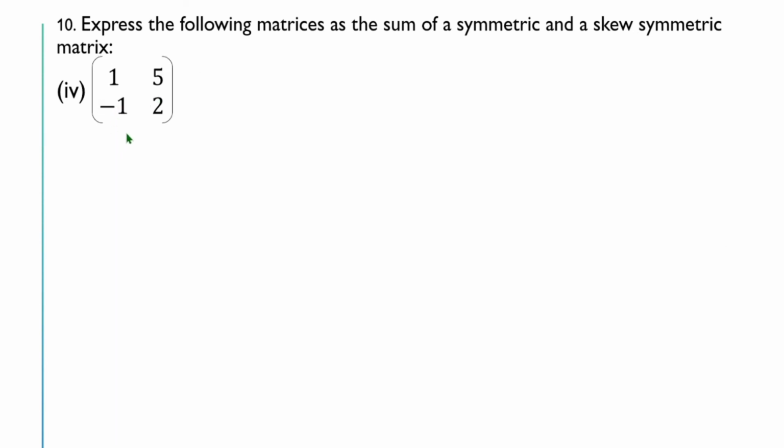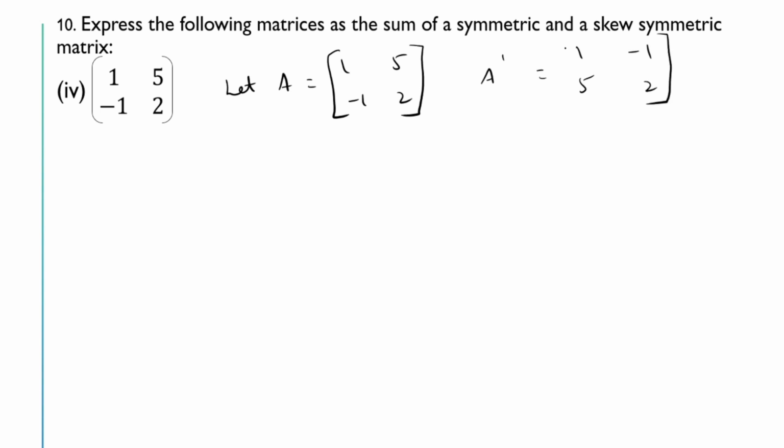Next question, express as the sum of symmetric and skew symmetric matrices. Let this matrix be A, and from this we can find the transpose A transpose. This is A transpose. So let P be equal to half of A plus A transpose.